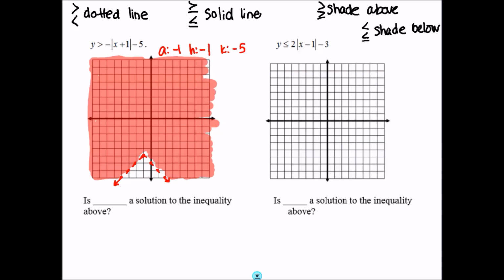The first point I'm going to pick is the point 1, -7. Then I'm also going to pick the point 2, -2.